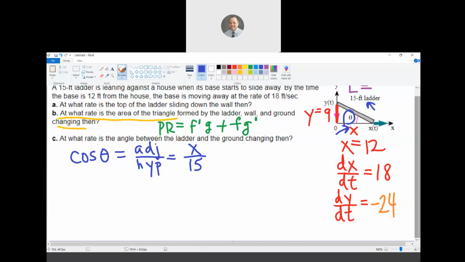Now let's take the derivative of both sides. The derivative of cosine is negative sine theta. And because we're taking the derivative of theta with respect to time, we must include the ratio d theta over dt.